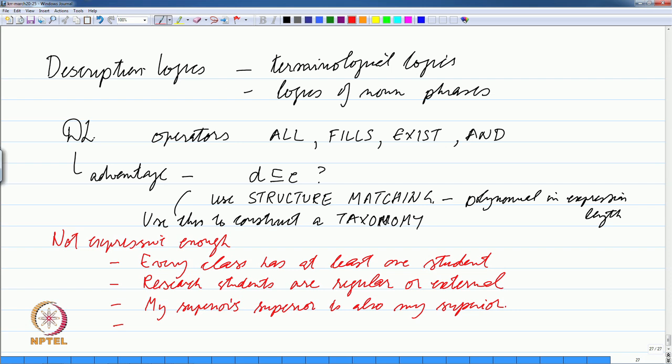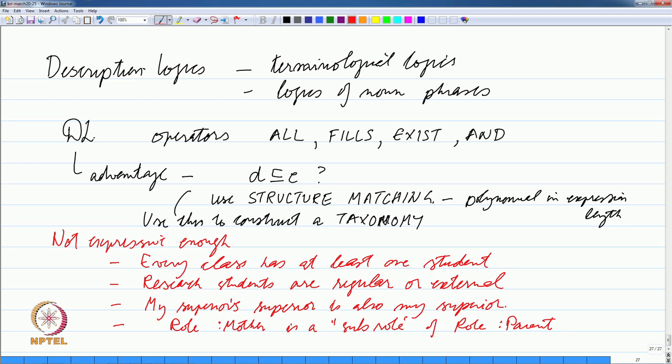Or we cannot say that the role mother is a sub role of role parent. We can only talk about subsumption of concepts, we cannot talk about subsumption of roles essentially. So, we can't say that the mother is a type of parent or father is a type of parent and this kind of a thing.